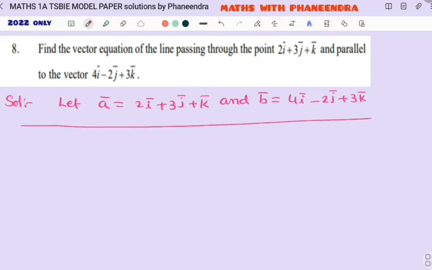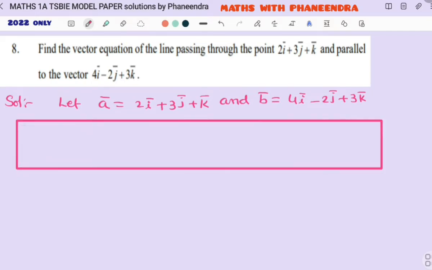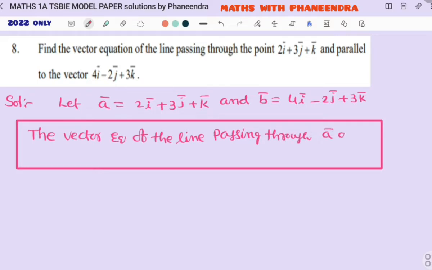Here also one important formula we have, dear students. The vector equation of the line passing through a bar and parallel to b bar is r bar equal to a bar plus t b bar, where t belongs to real numbers.